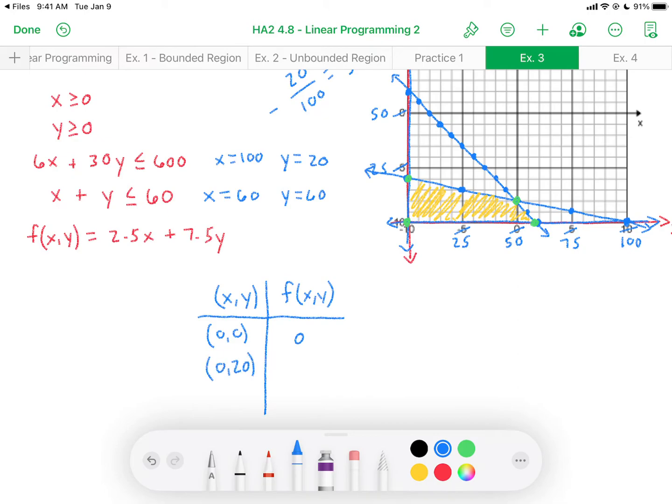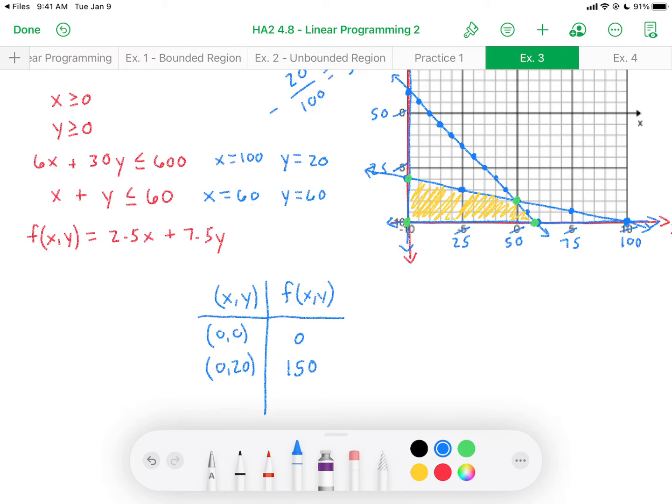So park 0 cars, park 20 buses. So that's going to give you 7.5 times 20. So 7 times 20 is 140. Half of that's 10. So that's 150, isn't it? So if you park 20 buses, you get $150 out of it.